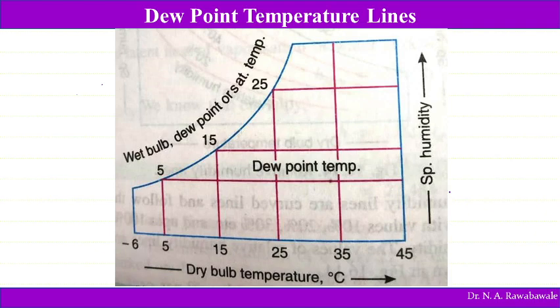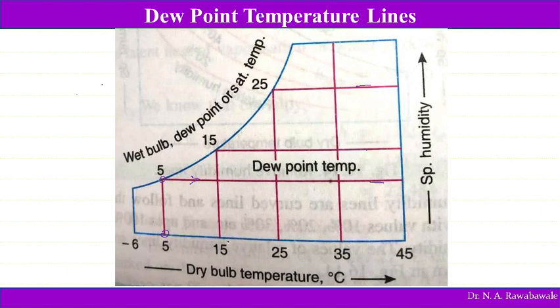Next, coming to the dew point temperature lines. These dew point temperature lines are also horizontal lines. Here you can see vertical lines represent dry bulb temperature. Say this is the 5 degree Celsius dry bulb temperature. Wherever it meets the saturation curve, the horizontal line which starts from there represents the dew point temperature of 5 degrees Celsius.